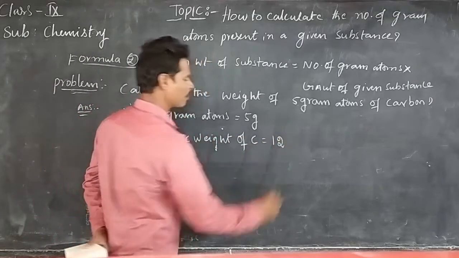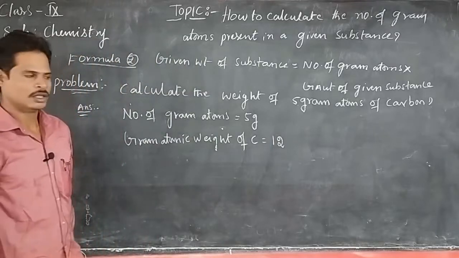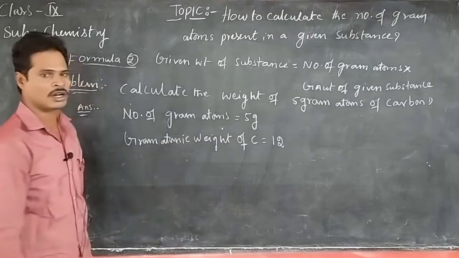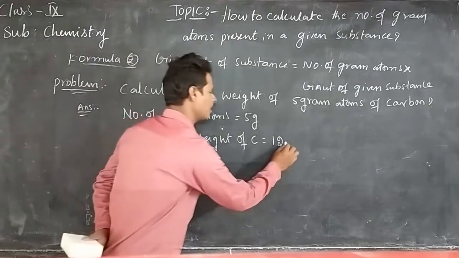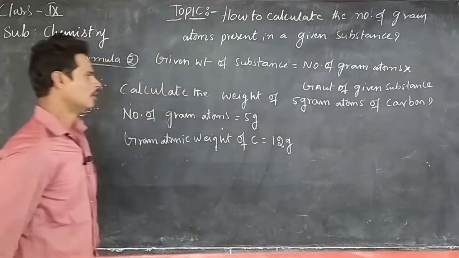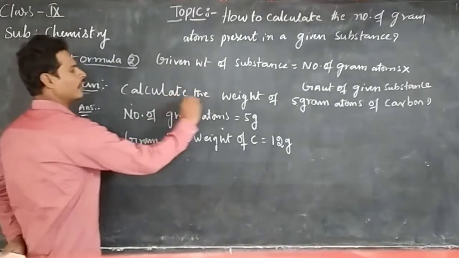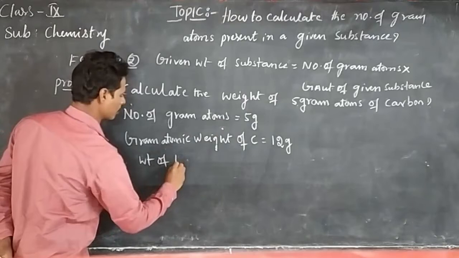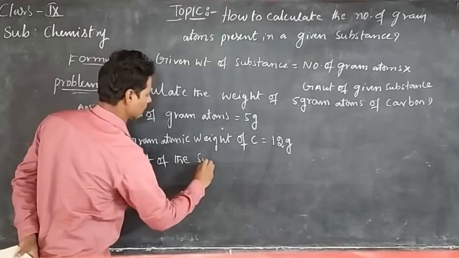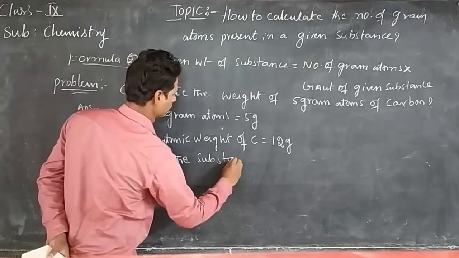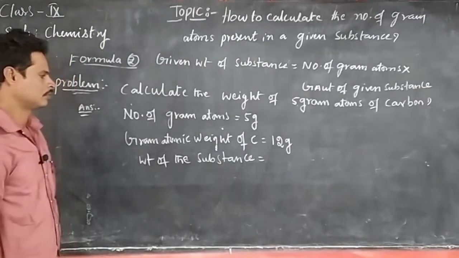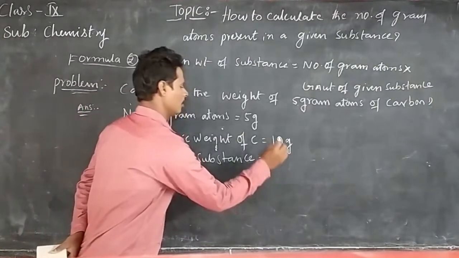What is the atomic weight of carbon? 12. Atomic weight expressed in grams is called gram atomic weight. That's why we should write 12 grams. Which one do I have to find out? Weight of the substance is the question mark.